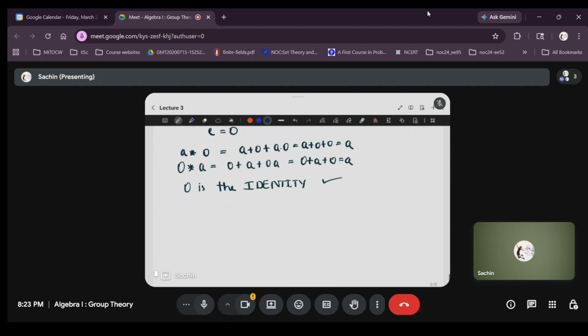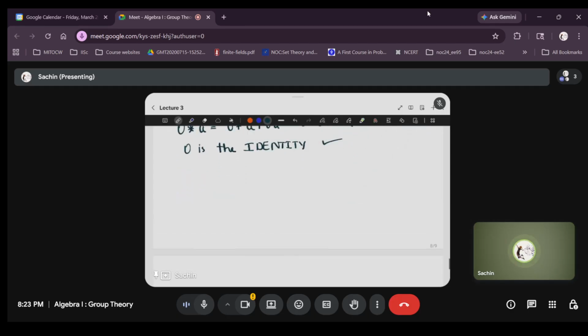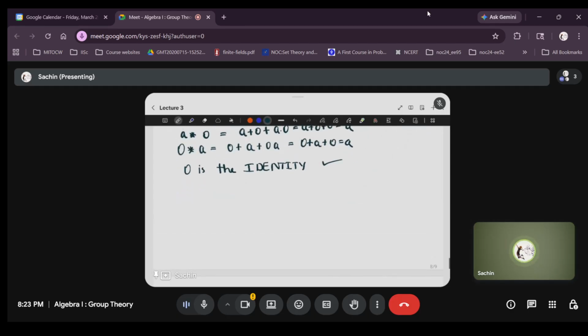Okay. Then first let's check the associativity. What is A star B? Then start with C. This is A plus B plus AB.